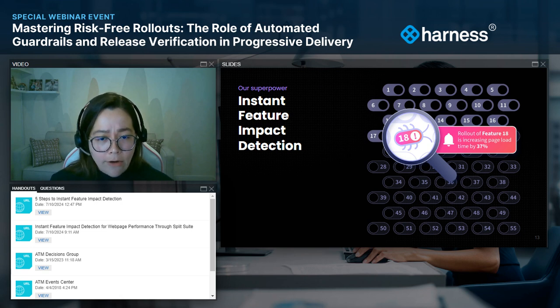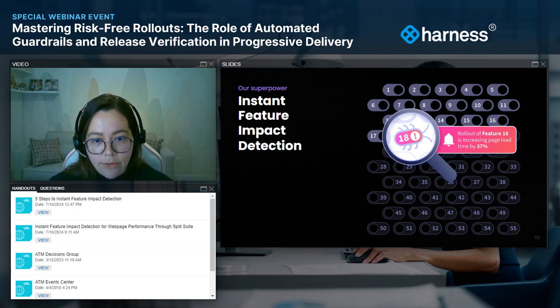From errors to conversion rates, Split FME will automatically measure the impact of all your new features and rollouts on those metrics, so we can quickly identify issues and notify you about them with precision and speed, ultimately reducing the manual effort of detecting, triaging, and resolving any issues.